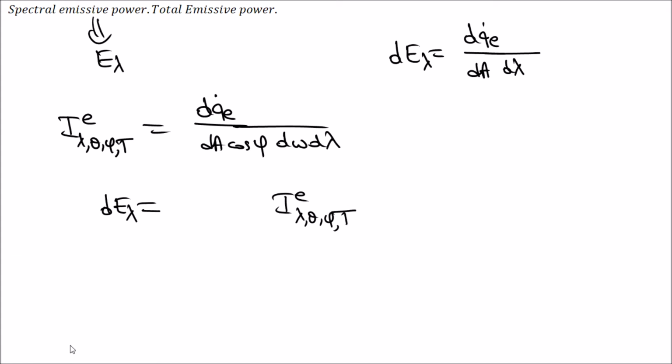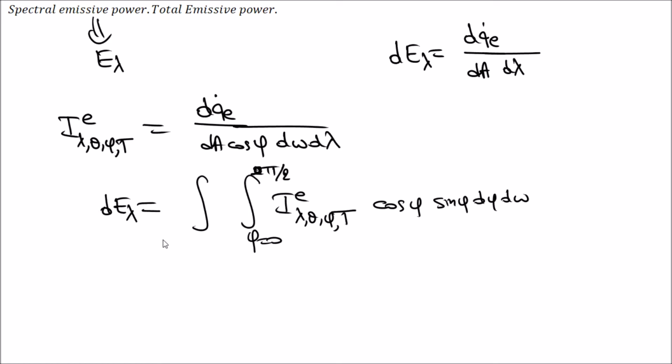So cosine phi d omega is sine phi d phi d theta, and d lambda we don't need because we are looking for per wavelength. The phi goes from 0 to pi by 2, and the theta goes from 0 to 2 pi. That is the dE lambda.